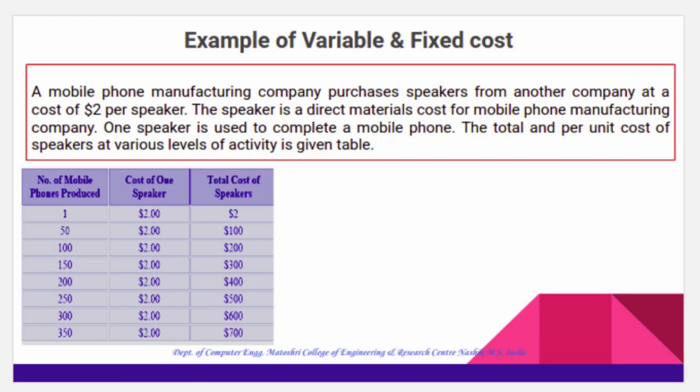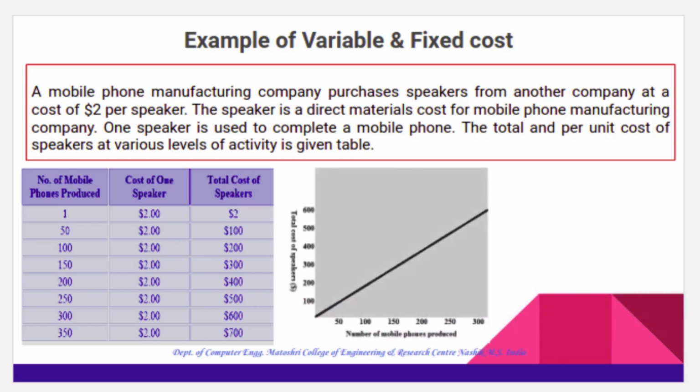Variable cost changes in direct proportion to the level of production. This means that the total variable cost increases when more units are produced and decreases when fewer units are produced. Average variable cost, that is variable cost per unit, is constant.